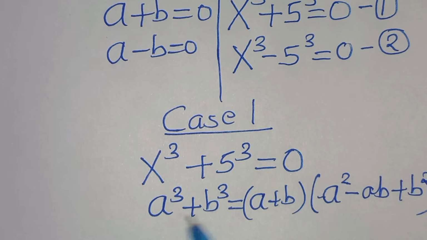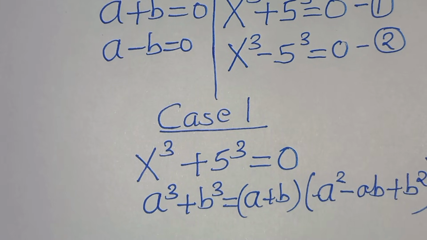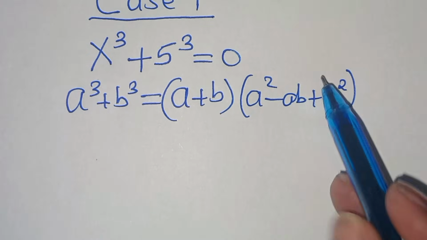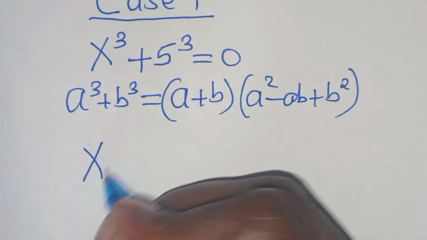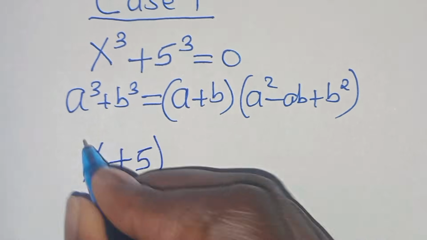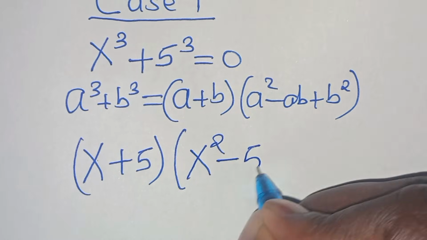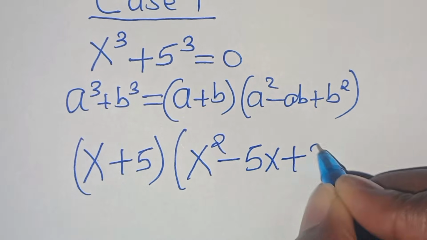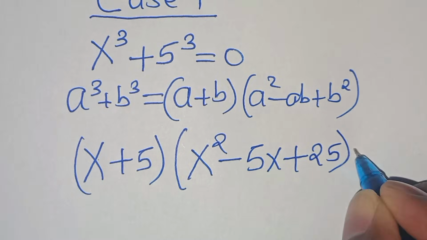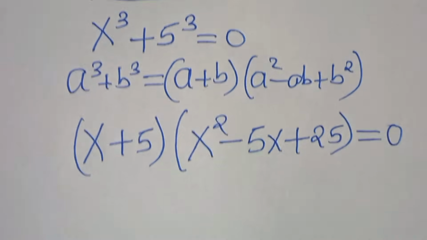Applying this identity, we have x plus 5 in parentheses, x squared minus 5x plus 5 squared, which is 25. This is equal to 0.